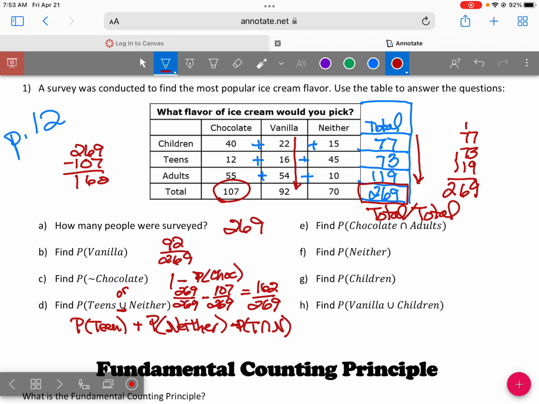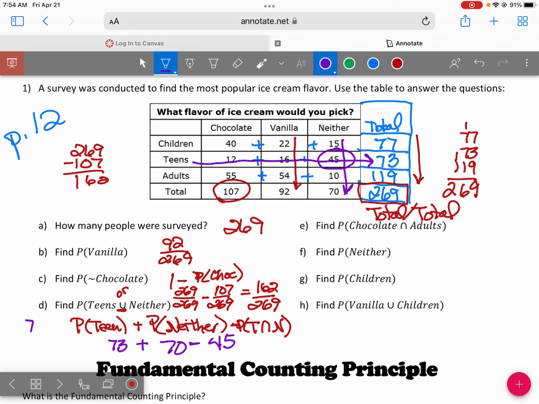So notice when you have the U, the and one is going to be the opposite symbol, the and. All right, let's do this one in purple. So the probability of teens, go to the end. That's 73. Plus the probability of neither, go to that total, 70. Minus the intersection. Those two lines intersect at 45.